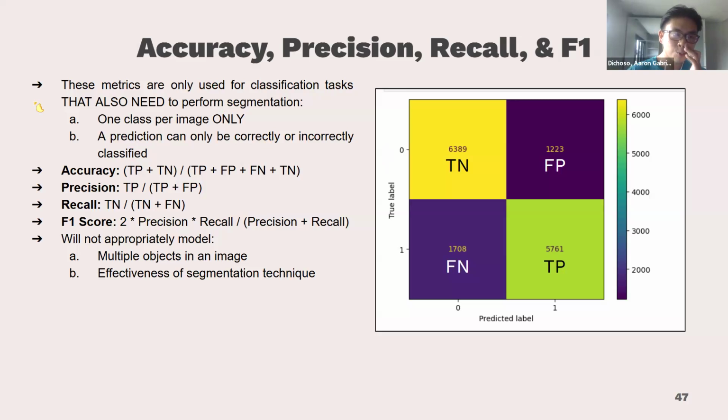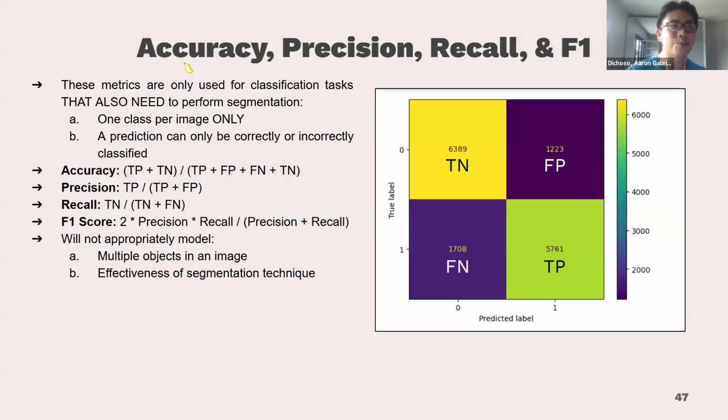So these are really niche in the field of segmentation because you need a specific task that happens to be classification that also happens to need segmentation. Maybe you're detecting tumors in cells one at a time, which is not actually ideal, something like that. But who knows, that might be something you might need.